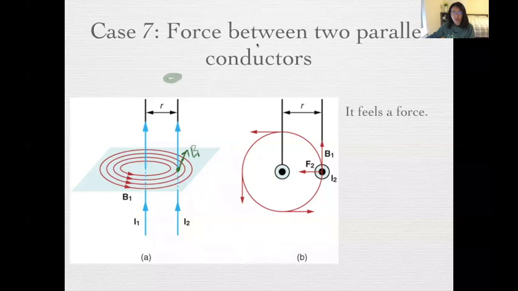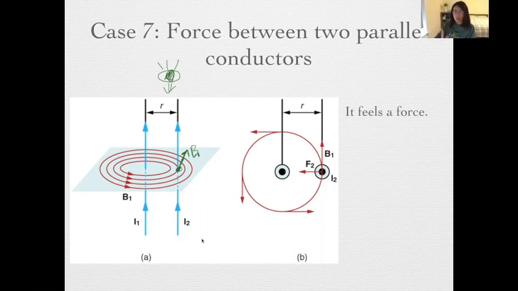If we take a bird's-eye view, imagine that your eyes are here and you're looking downward. You will see two currents pointing out of the page. And at this end, the magnetic field will be going this way, right? Now you can use your right-hand rule.